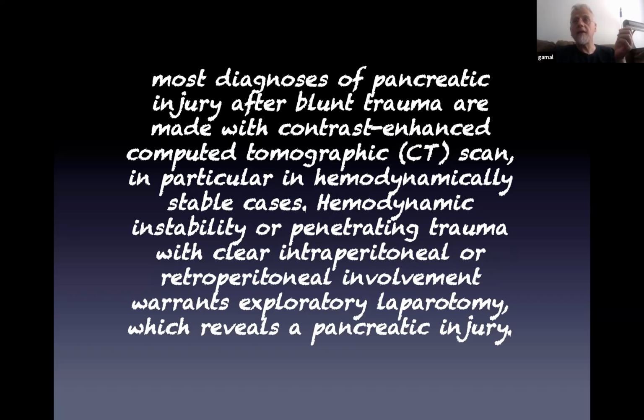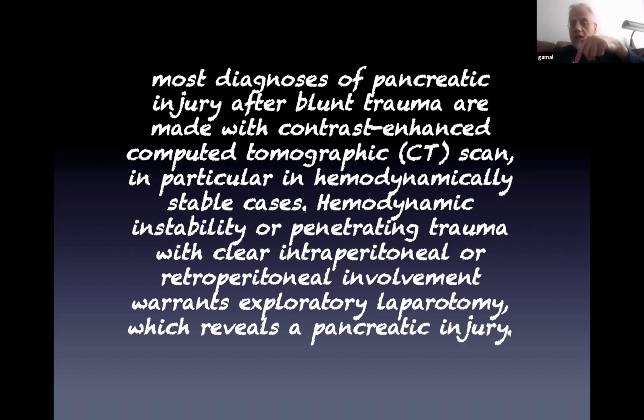So CT scan in a stable patient, we rely on CT scan. In an unstable patient, with blunt or penetrating trauma, we rely on abdominal exploration. So to recap and summarize, the 2 methods to diagnose duodenal and pancreatic injuries are: stable patient, blunt trauma, CAT scan, plus MRCP for ductal injury later on.